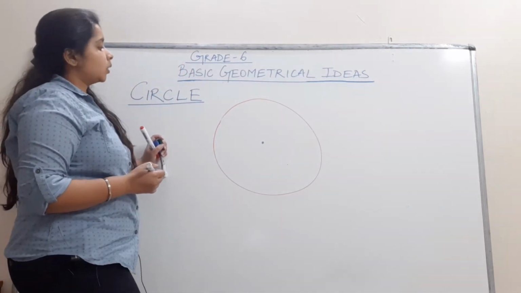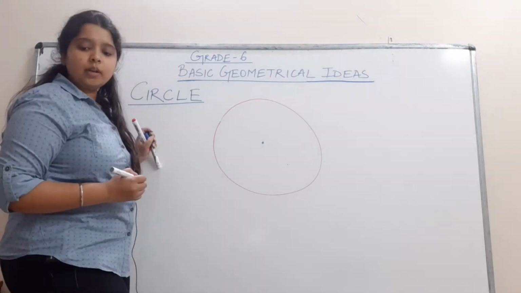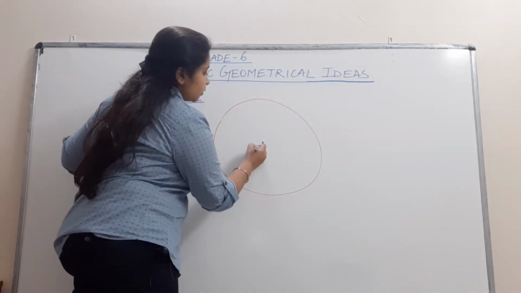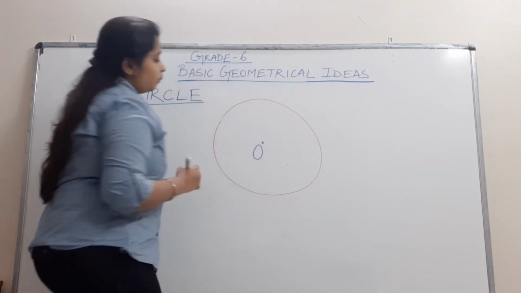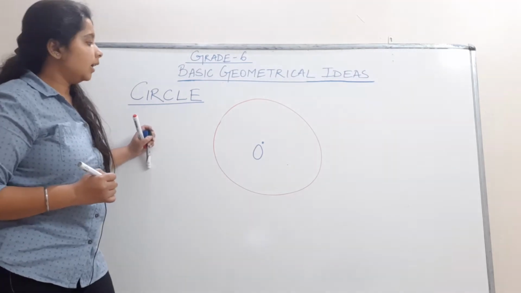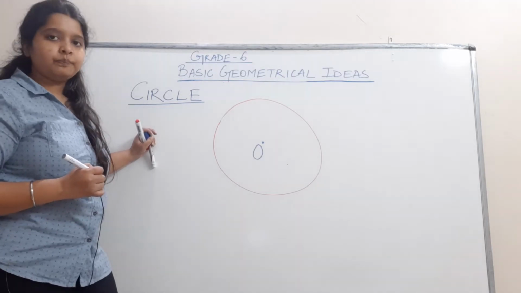Okay, so this is a circle, and what is this point called? It is known as the center of the circle, and it is named using a capital letter, more frequently as O. So let the center of this circle be O.